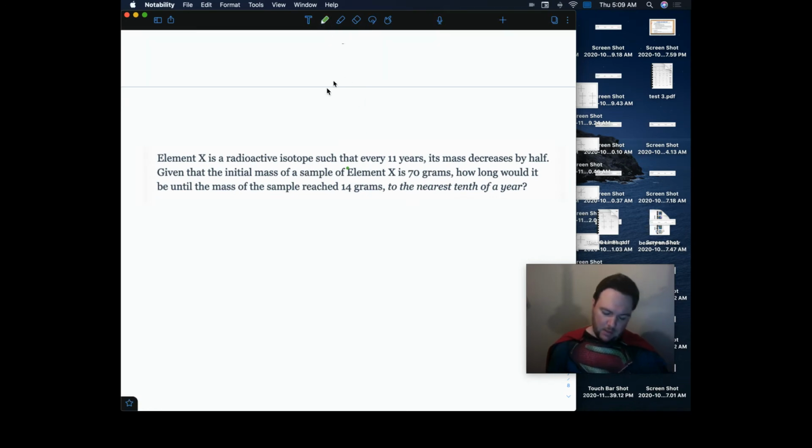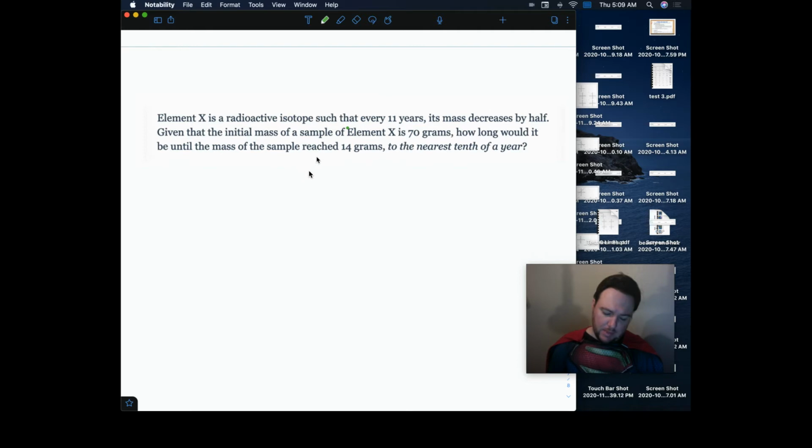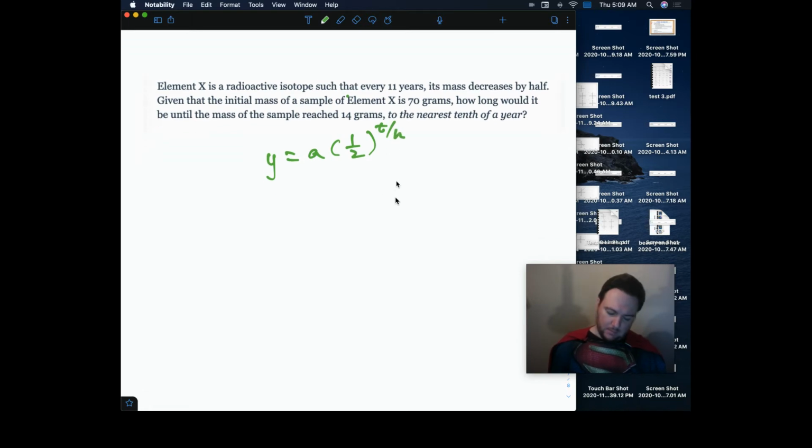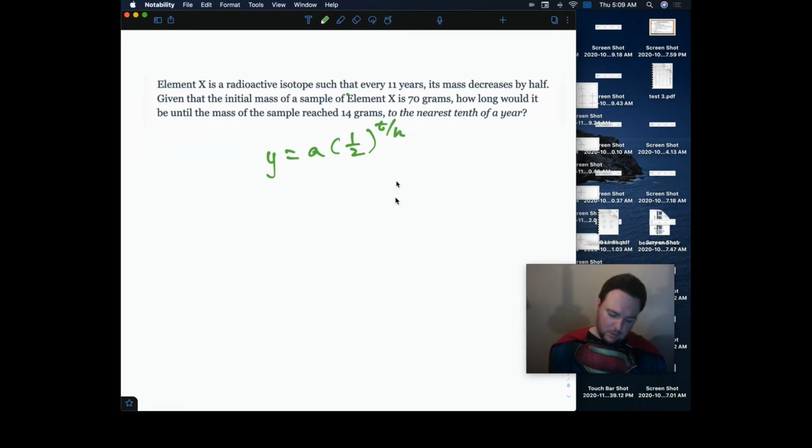Okay, so element X is a radioisotope that for every 11 years its mass decreases by half. Given the initial mass is 70, how long will it take to reach 14? Okay, so again, it's y equals a times 1/2 to the t over h.